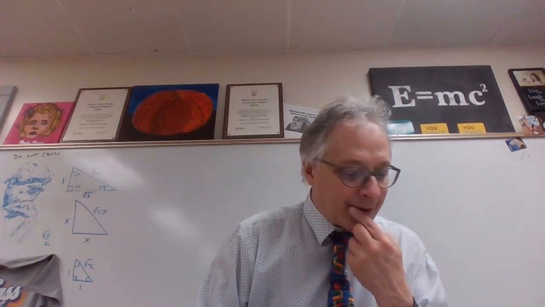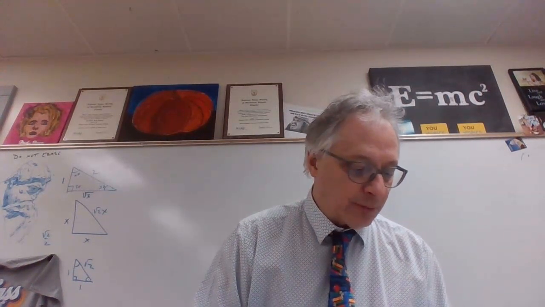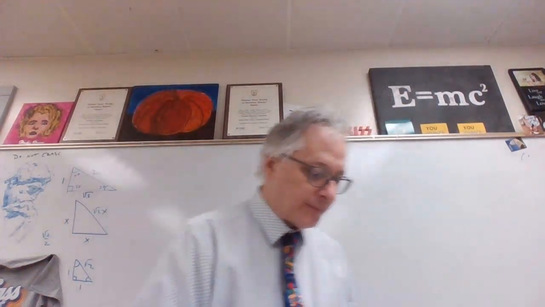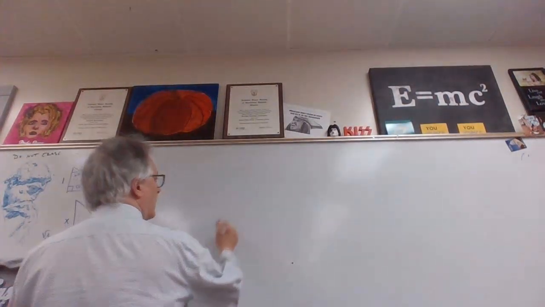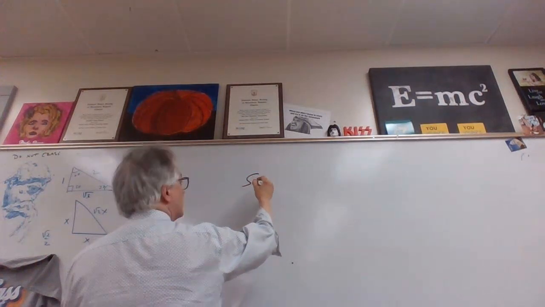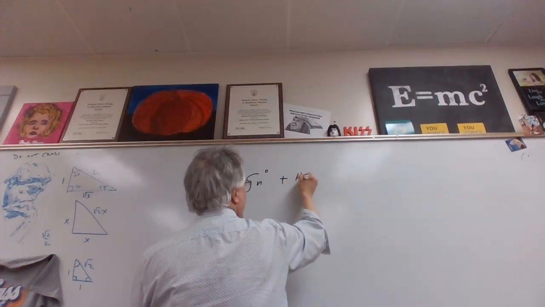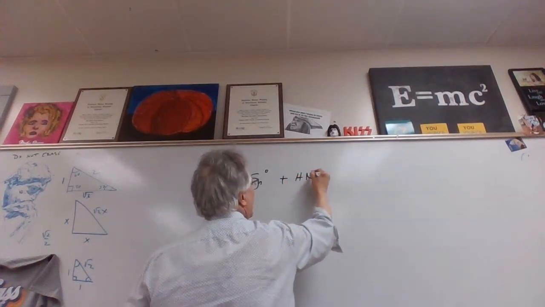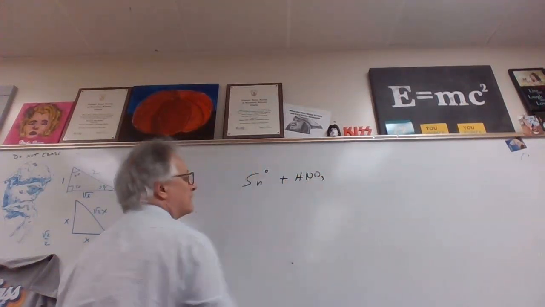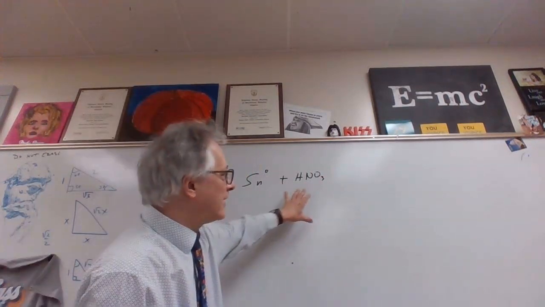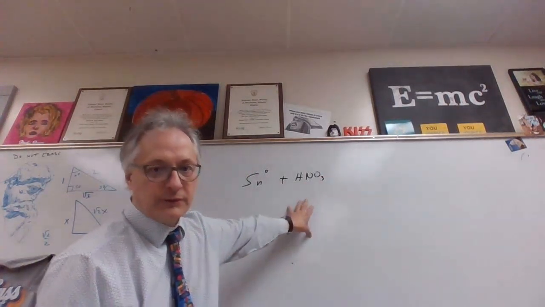And the other one I copied down that I thought was pretty interesting in terms of a difficulty standpoint was this particular one. I have some tin, and I'm going to react that with HNO3. You're going to see with oxidation reduction reactions, a lot of times metals are reacting with acids. It's very common.